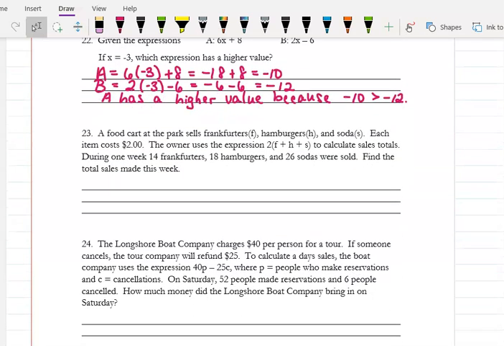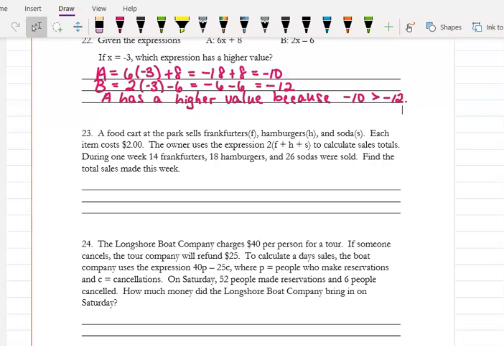A food cart at the park sells frankfurters F, hamburgers H, and soda S. Each item costs $2. The owner uses the expression 2 times (F plus H plus S) to calculate sales totals. During 1 week, 14 frankfurters, 18 hamburgers, and 26 sodas were sold.